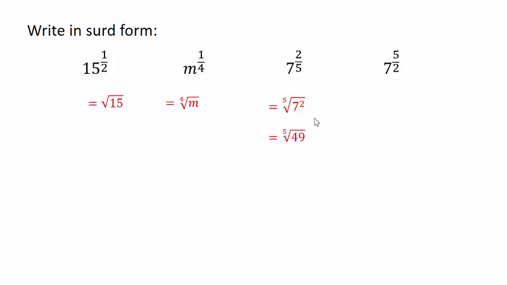If you want to simplify that, you may. It's the fifth root of 49. If you look at the difference in these two expressions, this is the square root of 7 to the power of 5. So you can see that the numerator is the power that it's raised to, and the denominator is the root.